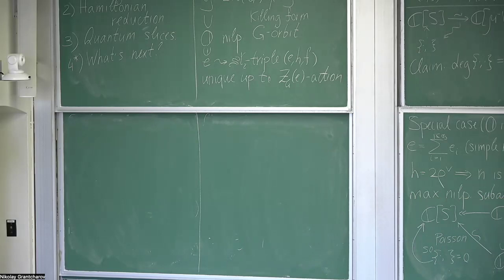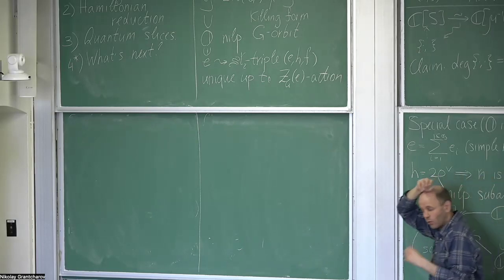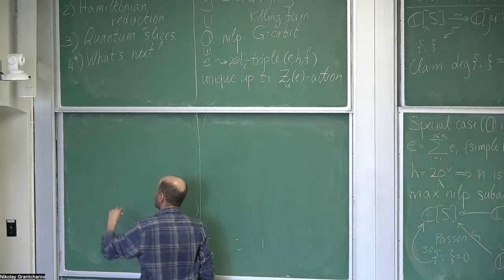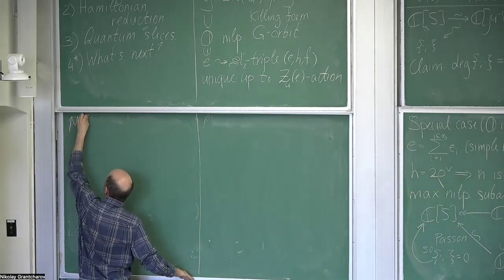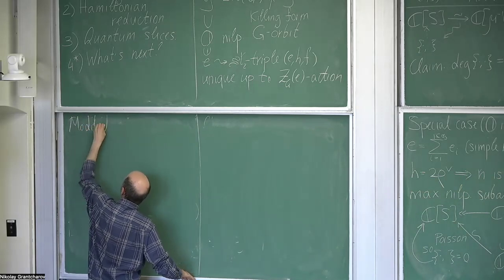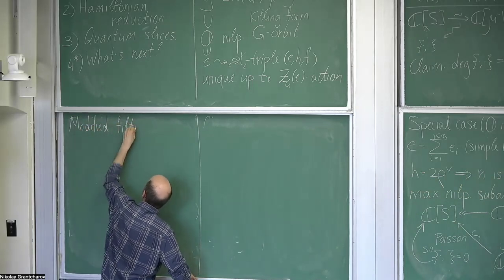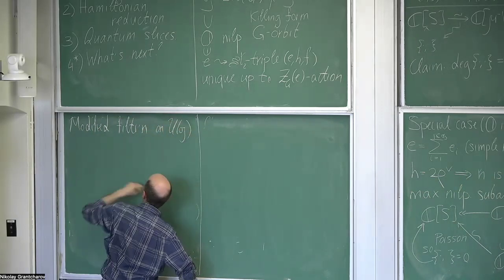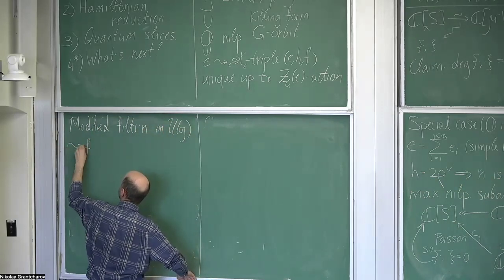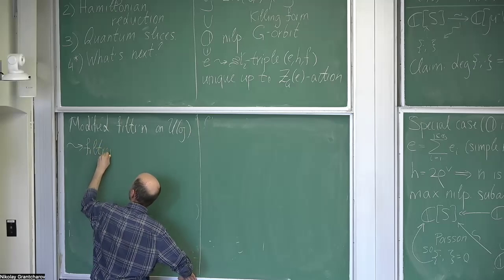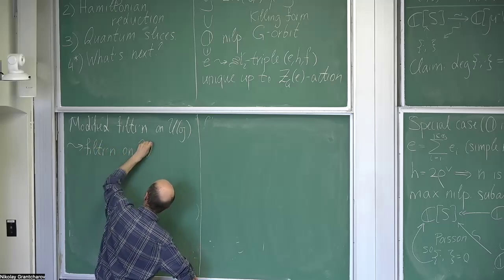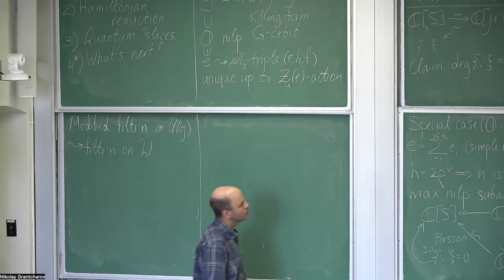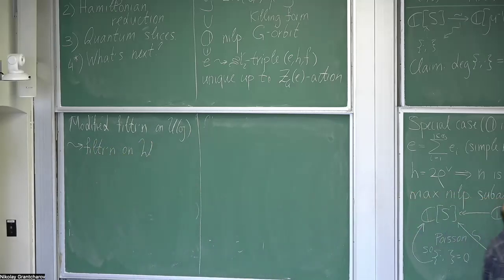For the same price, I can consider the modified filtration on U(g). This gives you a filtration on W. Well, you first get a filtration on this quotient, then a filtration on its sub.